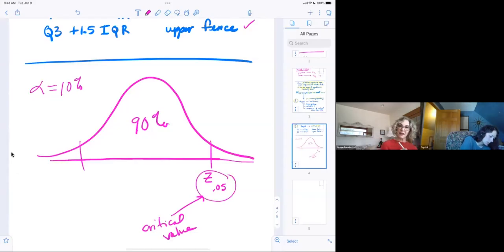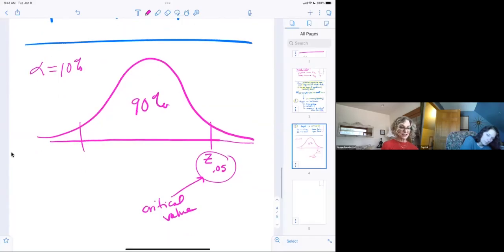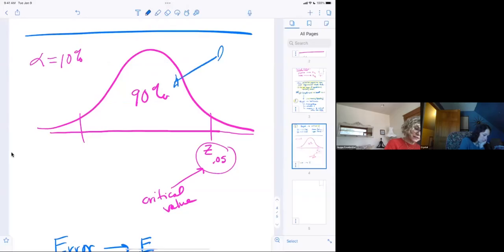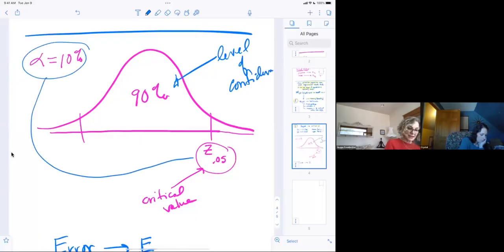That's where your critical value comes from, whether you're using Z or T. So your error, E in our formula, depends on the level of confidence, because that dictates what your alpha is, which when you split in half, you get your critical value.